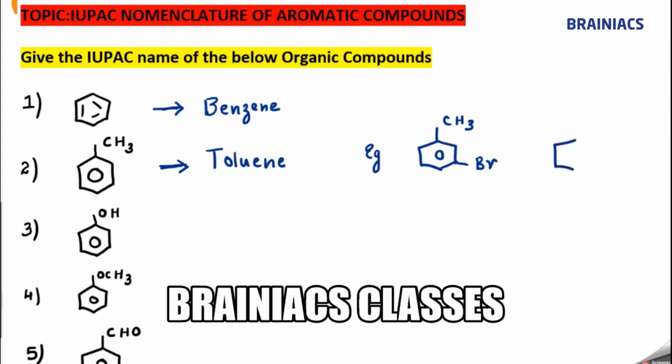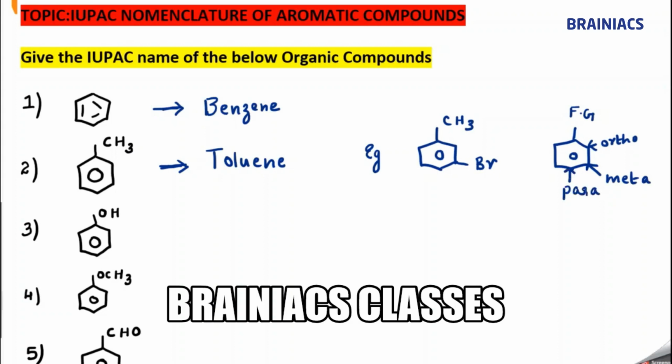If I take the benzene ring, whenever a substituent comes, let me say some functional group is there, and with respect to this functional group I can say this position is called the ortho position, this is the meta position, and this is the para position.